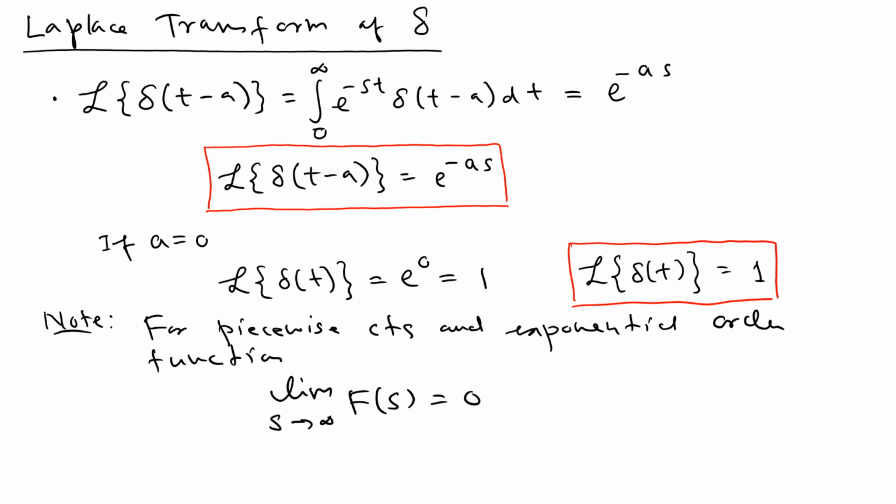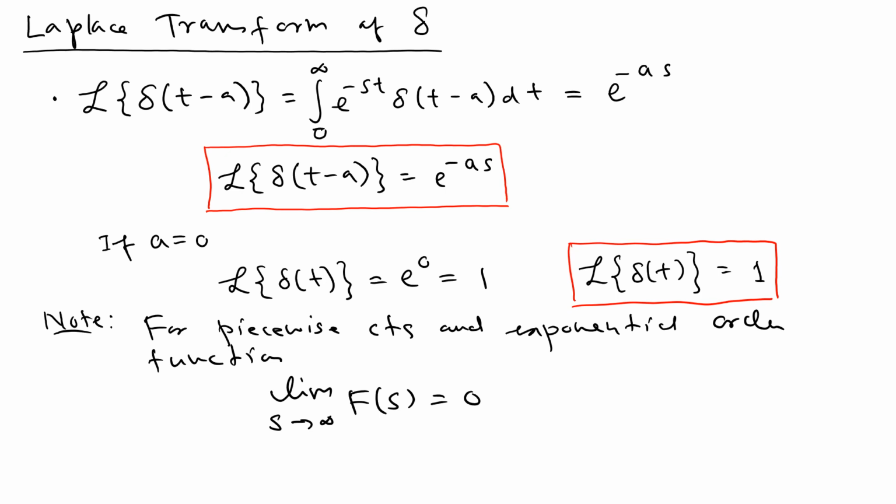So we expect that result, but that's not the case anymore. For this special function, it is 1. That's never equal to 0. That's the reason these are what we call generalized functions, because they do not behave as regular functions.